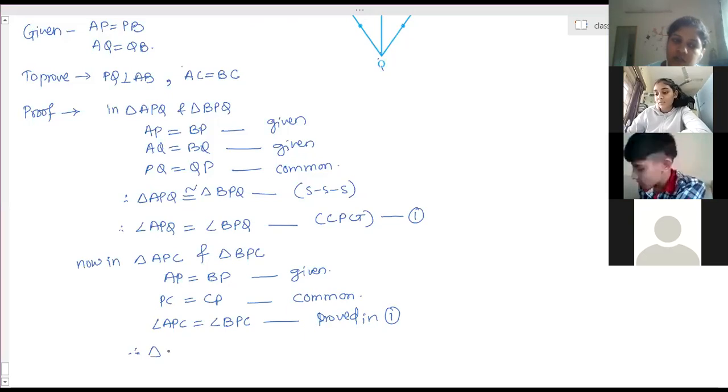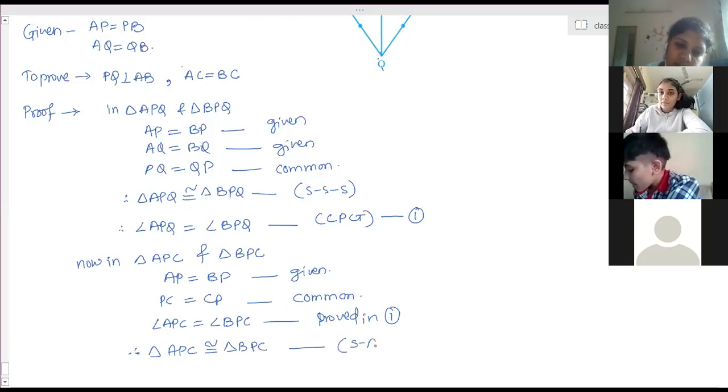Therefore, triangle APC is congruent to triangle BPC by SAS congruency.